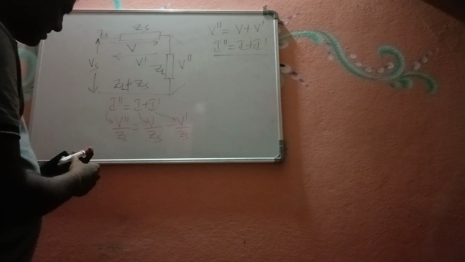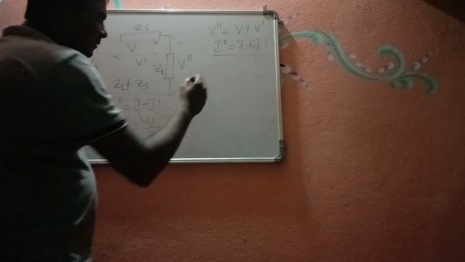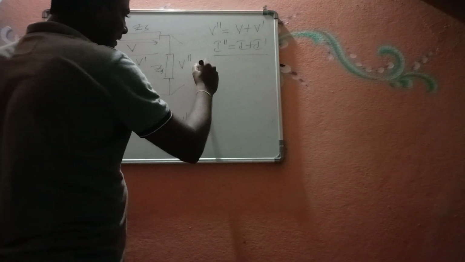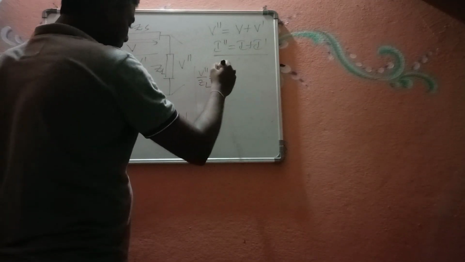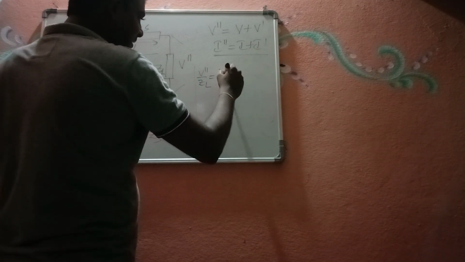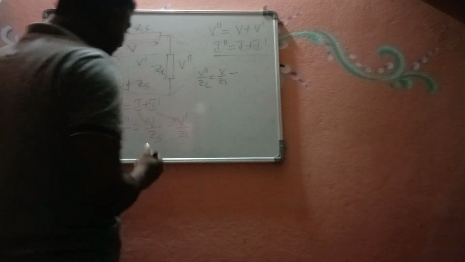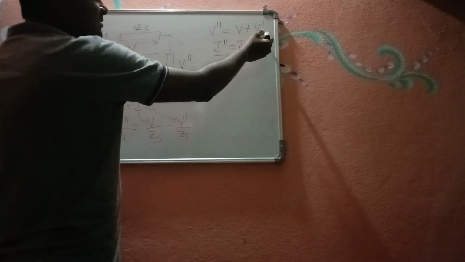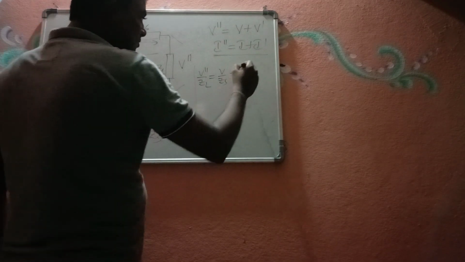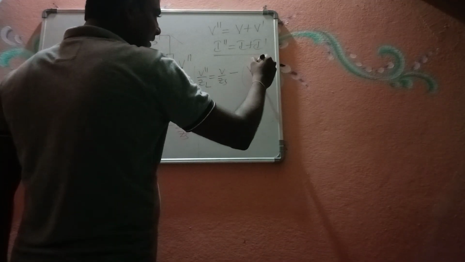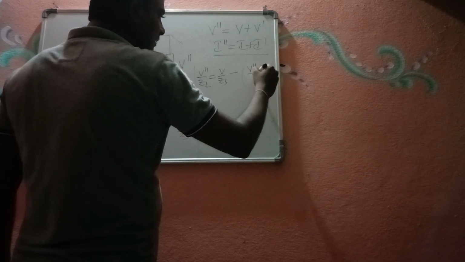From this relation we can solve this in this way. V double dash by ZL is equal to V by ZS minus V dash by ZS, and in place of V dash, from the other equation I can substitute V double dash minus V. So here I will get V by ZS minus V double dash minus V by ZS.